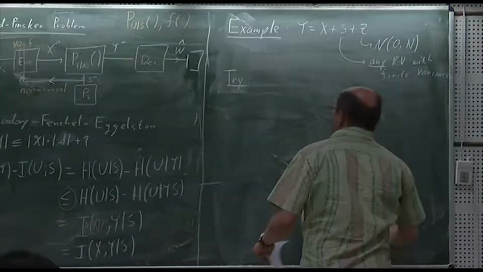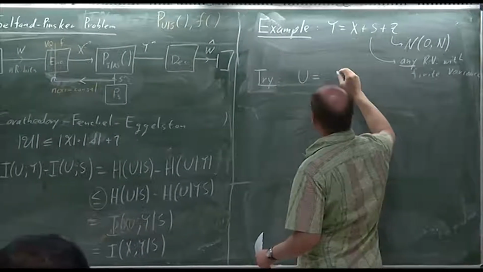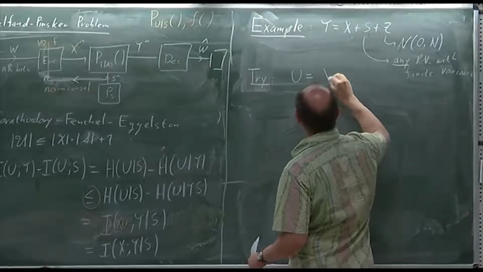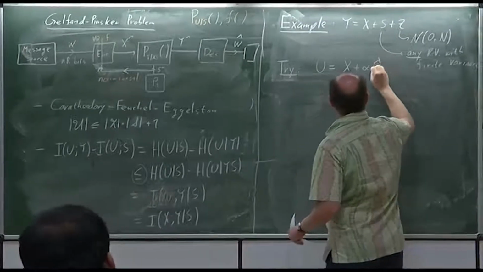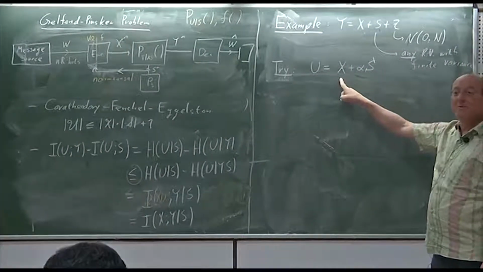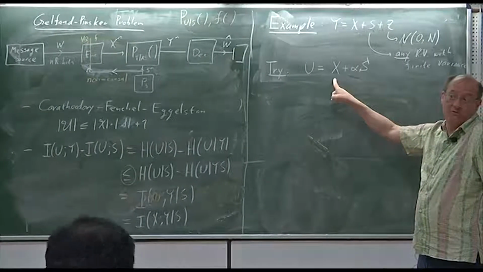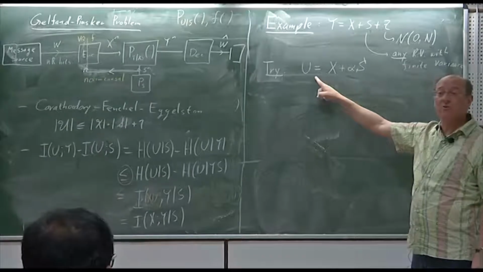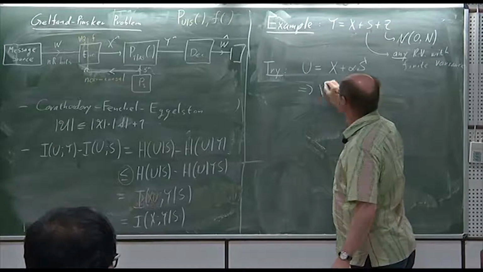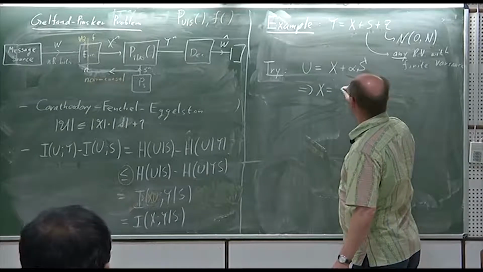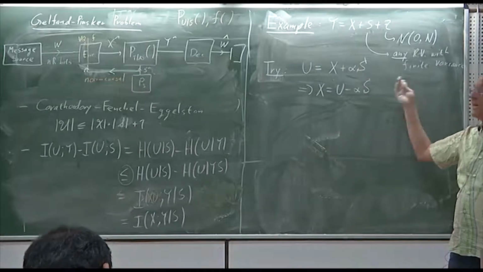So what we'll do is the following. We'll choose U to be S plus noise. It's going to be slightly different than you might expect. It's not S plus noise, it's going to be alpha S plus noise, and the noise is going to be the X. Okay, it's a valid distribution, right? And this also gives us our function right away, because X is U minus alpha S. So we get both in one shot.